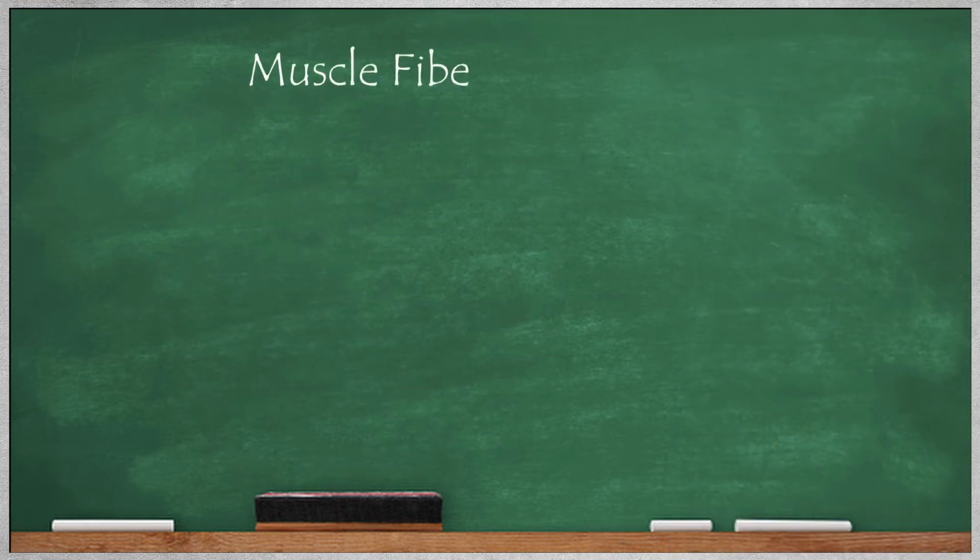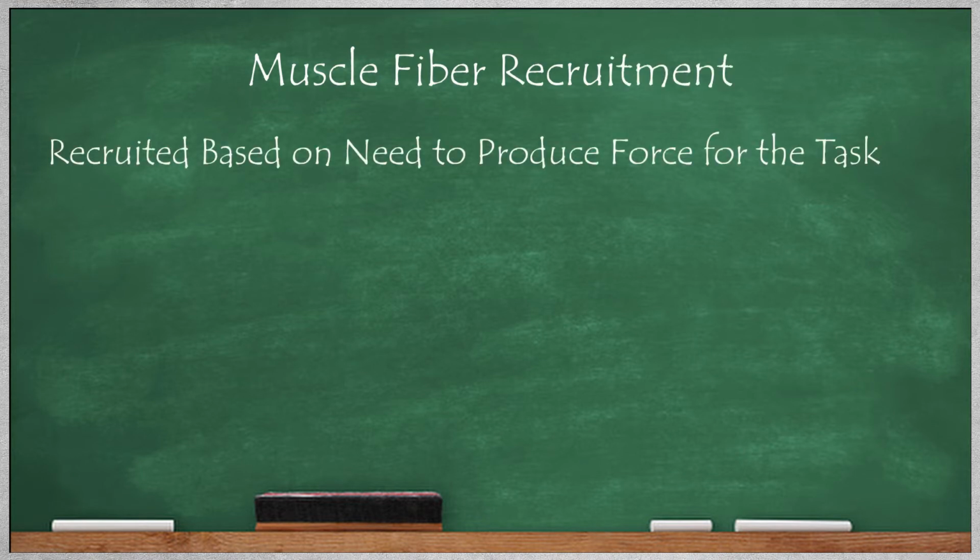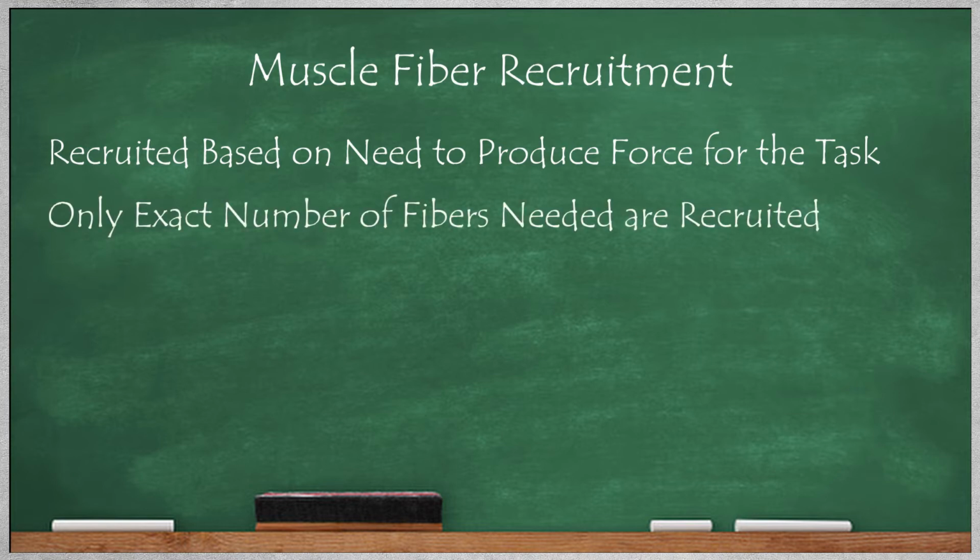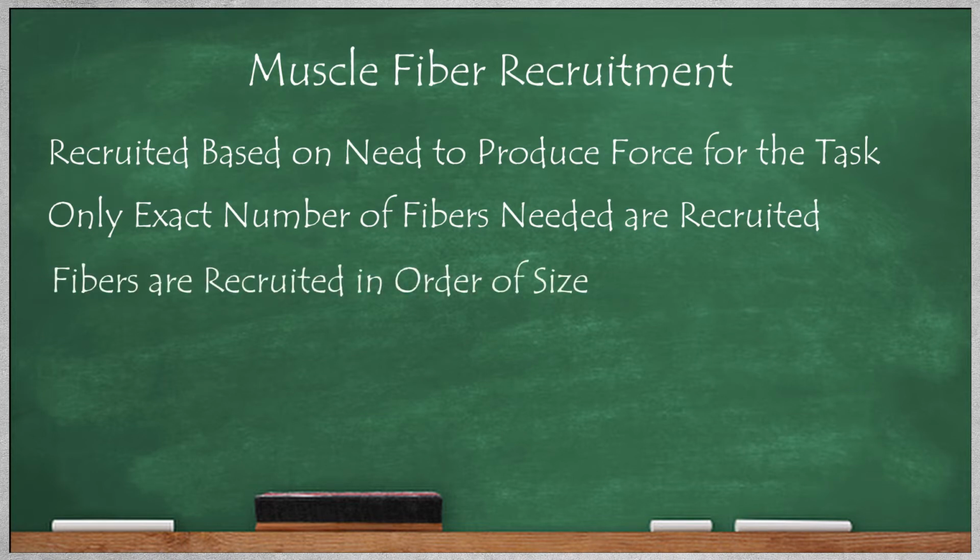During any normal activity, muscle fibers are recruited based on their need to produce force for that activity. And because of the body's amazing ability to be as efficient as possible and conserve energy, it will only recruit the amount of muscle fibers needed and not one fiber more. The muscle fibers are recruited in order of size, which is why it's known as the size principle.